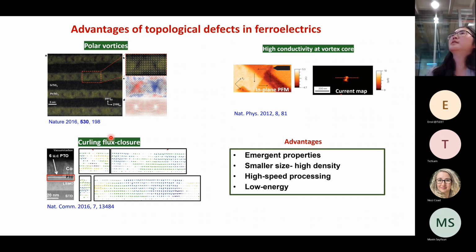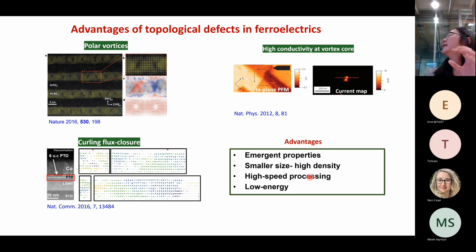So we can see the smaller size means it has potential for high-density function. It has also been found that at the vortex core, these kinds of materials show some emergent properties like high conductivities.